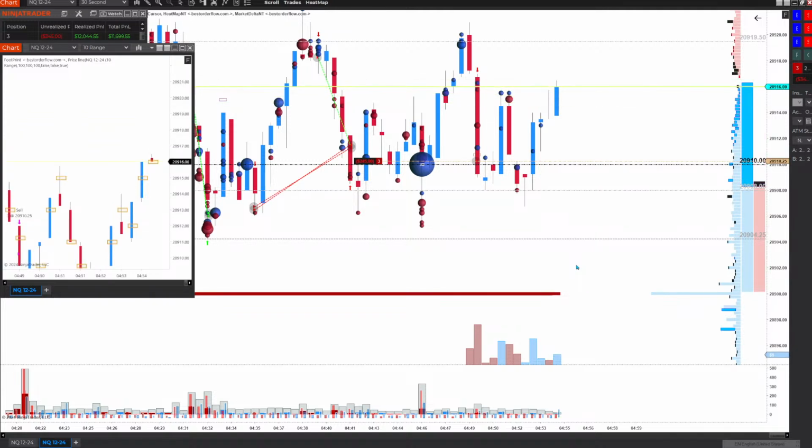If I want to add another contract into the sales, should I do it now or wait until the candle becomes red? And you see what's happening on the delta level 2. The total volume is going down, right? The buyers are getting smaller and smaller on level 2.